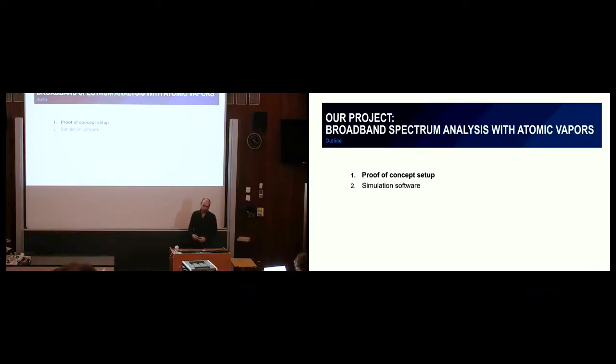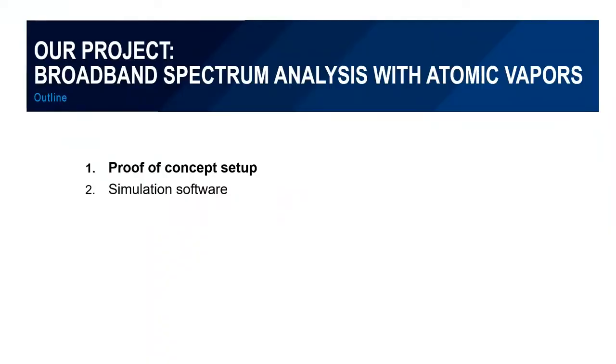We are attempting to do broadband spectrum analysis with atomic vapors. With broadband, I mean that we want to analyze the spectrum of a frequency span as large as possible, but we want to show and analyze it instantaneously without doing a sweep, as we know it in a classical spectrum analyzer. We tackle this problem with a parallel approach.